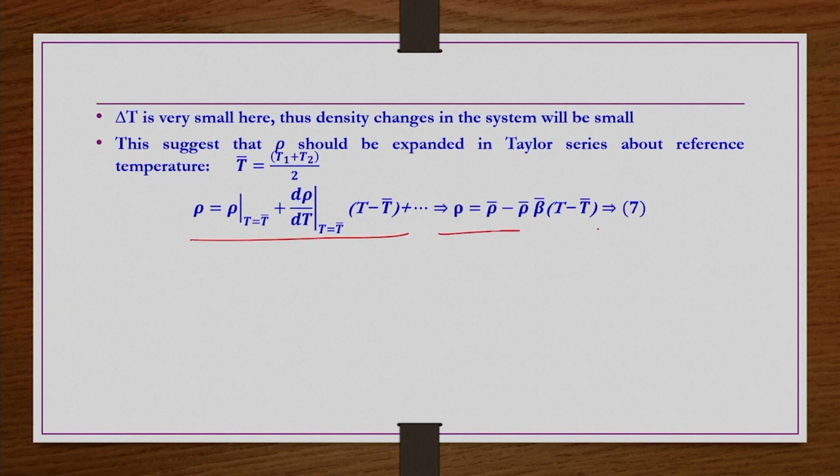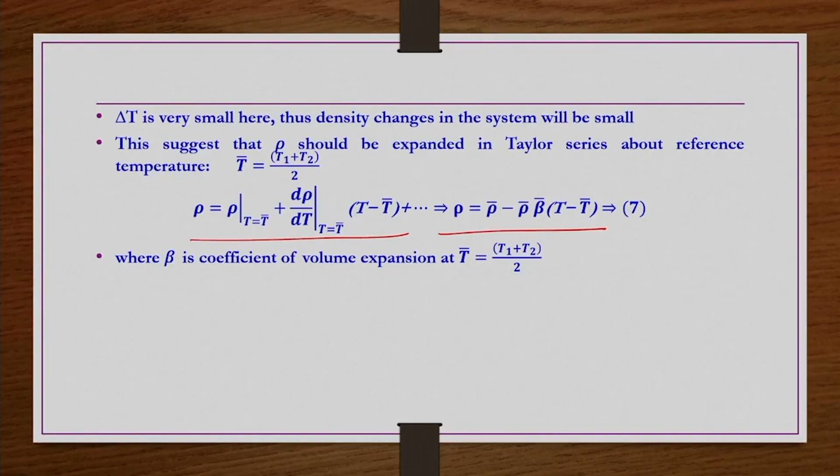So rho at T bar is nothing but rho bar. This dρ/dT, we already understand, is minus rho bar beta bar, from the definition of the volume expansion coefficient for a given fluid at constant pressure. We are evaluating that at T bar temperature, so beta is the coefficient of volume expansion at T bar, so we have beta bar.